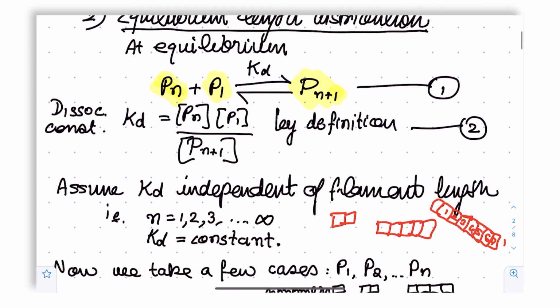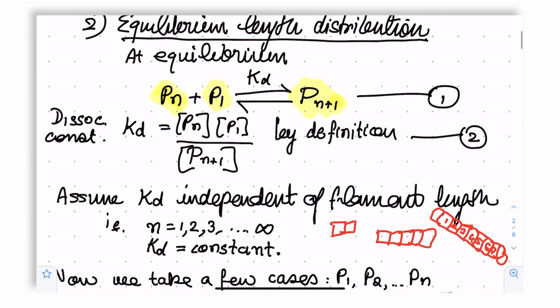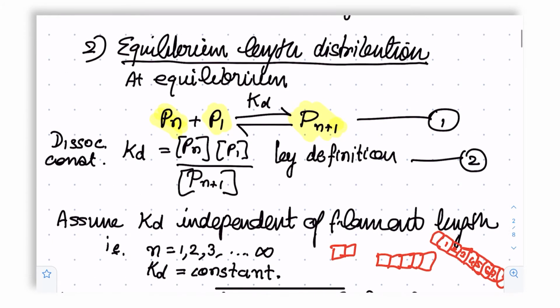I'm running out of space. 9, 10. This is another way of saying that the rate constant of growth does not depend on the length of the filament. And we will return to this kind of a question a little later because there are some interesting exceptions to this. But for generality and for simplicity, this is a reasonable assumption.